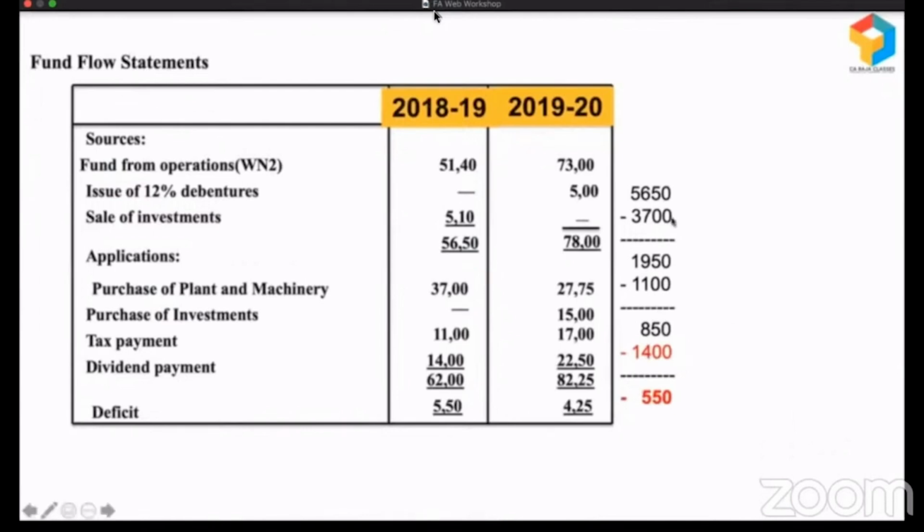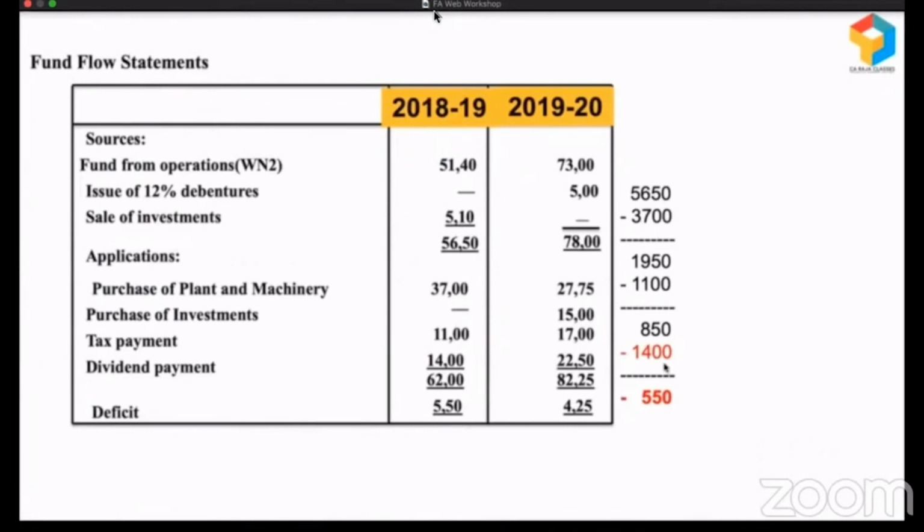Ideally what this business should have done, when they purchased plant and machinery of 3,700, they should have raised some long-term funds. Some portion of this 3,700 could have been funded by long-term funds, and that would have left a good amount of surplus so that they could have paid this dividend easily.